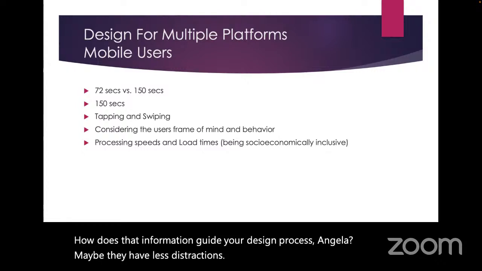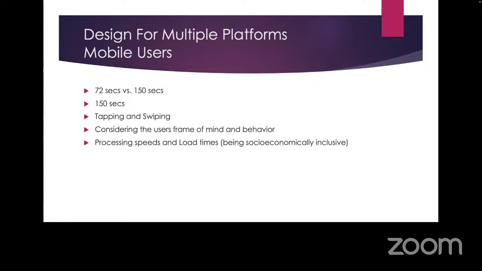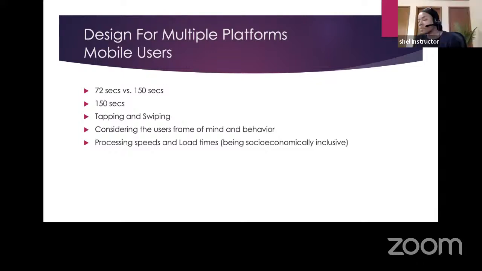And mobile is mobile, so they've got a lot of other outside influences where they might not be able to focus. But then again, on mobile, it's easier to navigate. Well, I don't want to say easier, but it's smaller. You don't have to use a mouse or the mouse pad to move around. You can just use your finger, and it's right there, so it's faster. Or at least it should be.